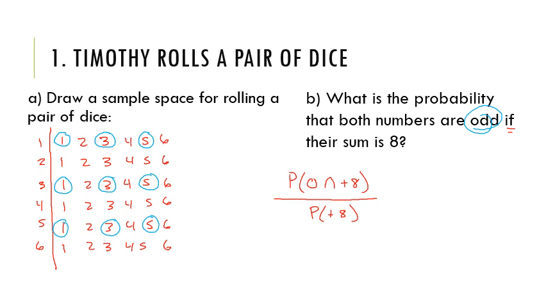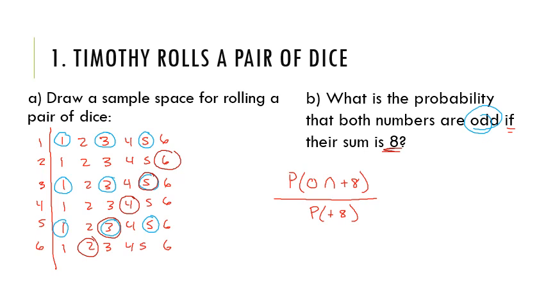Let's do sum of 8 in red. What adds to 8? 1 plus nothing, you can't make 8. 2 plus 6 is 8. 3 plus 5 is 8. 4 plus 4 is 8. 5 plus 3 is 8. 6 plus 2 is 8.